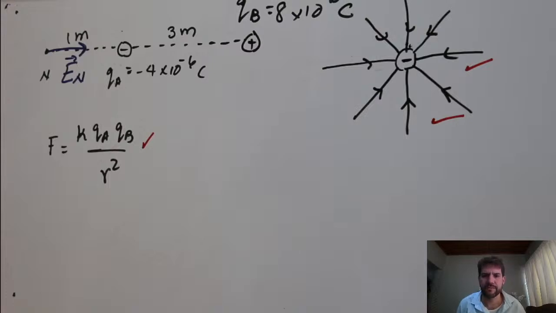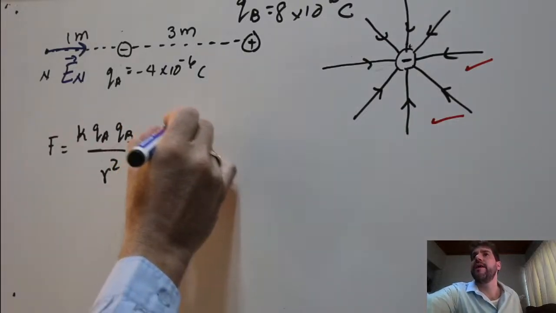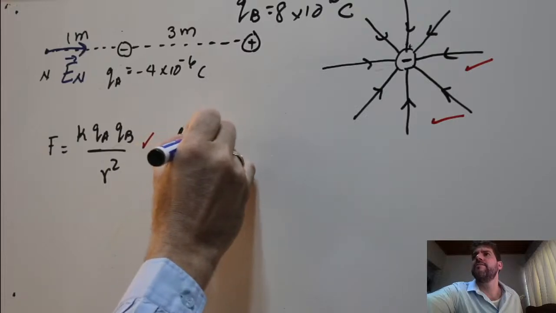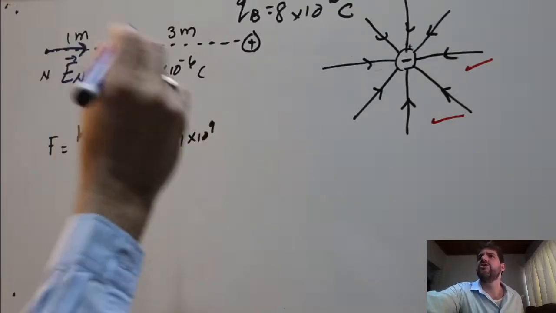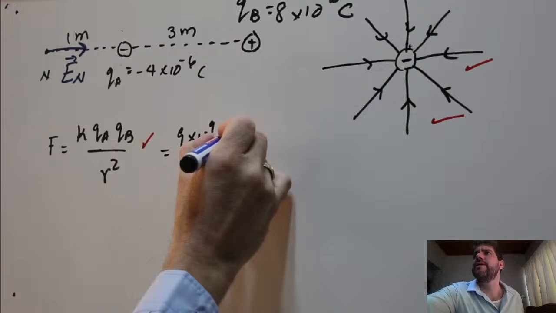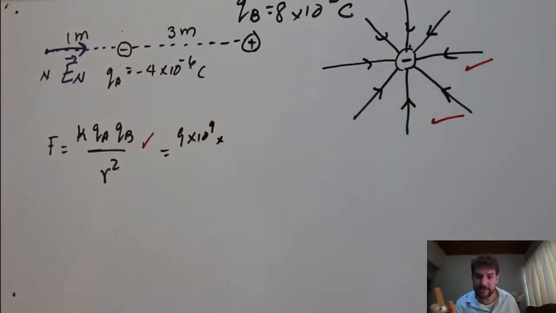Okay. So now let's substitute what we have here. K is 9 times 10 to the 9. Charge A is -4. You do not substitute the signs in this formula.